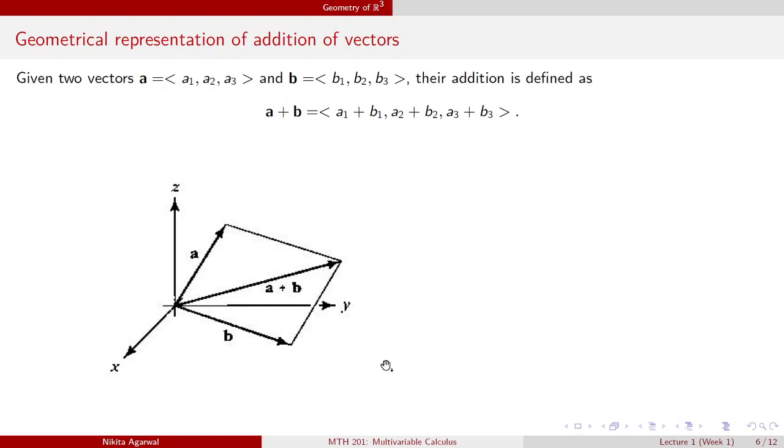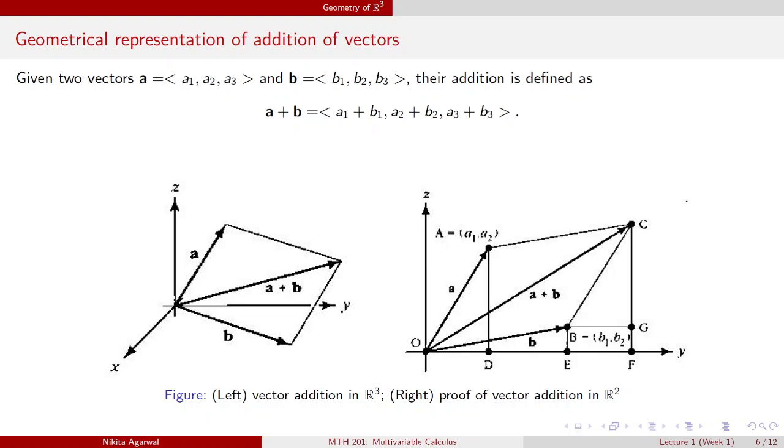By a proof we mean that the coordinates of the point where this vector a plus b ends are nothing but a1 plus b1, a2 plus b2, a3 plus b3. This is what you will see in the tutorial. This is a pictorial proof of vector addition in R2, where the third component is dropped. I will skip it here. We will discuss it in the tutorial.